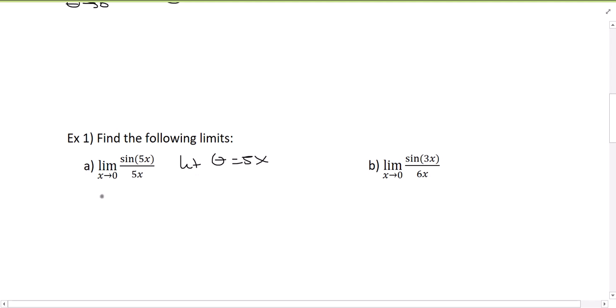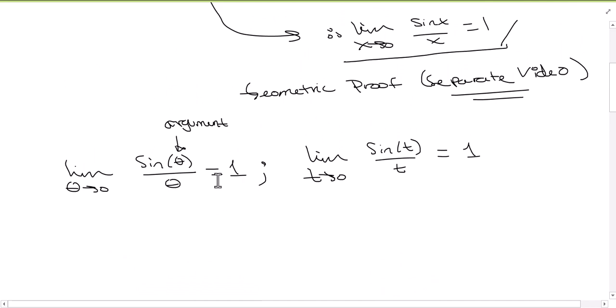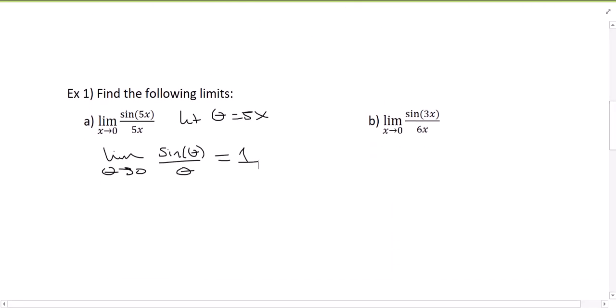Then this becomes the limit as theta goes to 0, because if x goes to 0, then theta also goes to 0, of sine of theta over theta. This will be 1 based on the work above. So I don't have to make that substitution. As soon as I see that the argument matches the denominator, I can just say this limit is going to be 1.